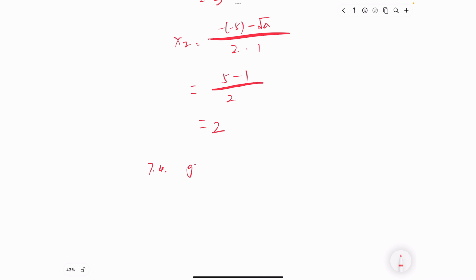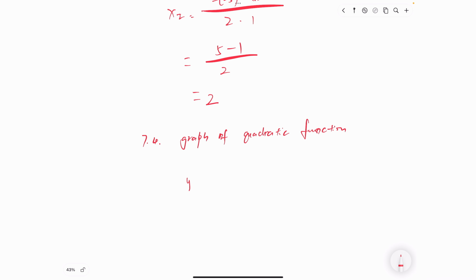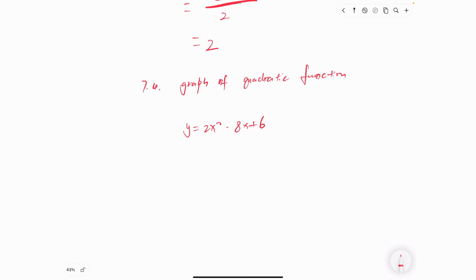And 7.4 is about graphs. So if we have y equal to 2x squared minus 8x plus 6, we can change this to vertex form. We can factor out the 2, so y equals 2 times x squared minus 4x plus 4 minus 4, plus 6.